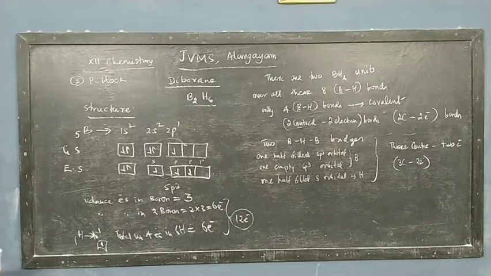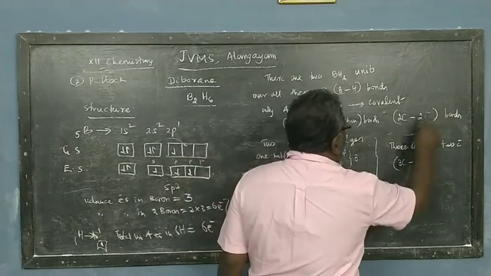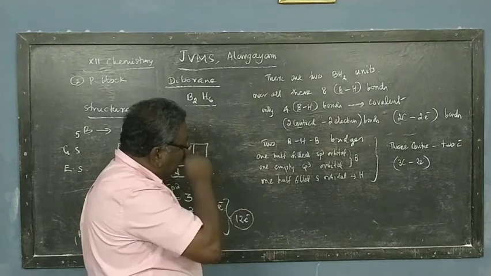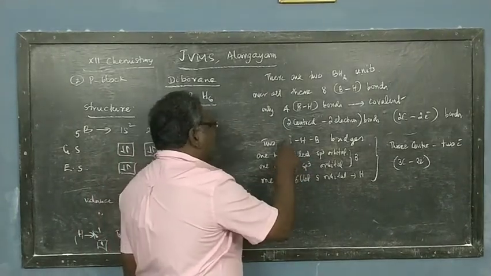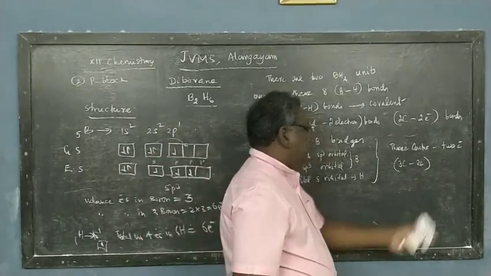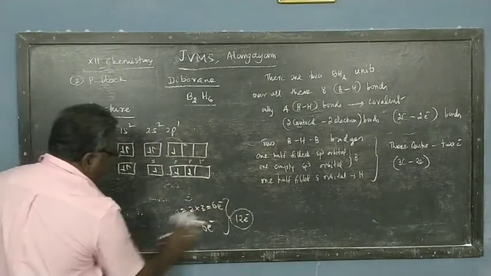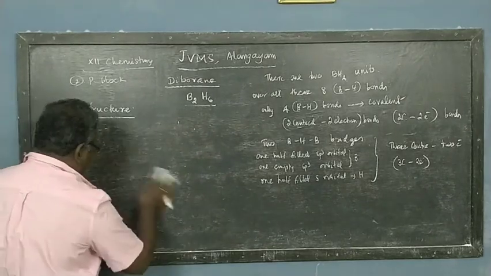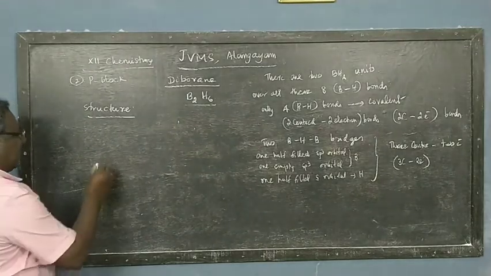Taking all these factors, there are 4 BH bonds which are 2-center 2-electron normal covalent bonds. But there are 2 bridges connecting the 2 borons through hydrogen, and these bonds are of the 3-center 2-electron type. Now, how do we put the overall structure? The structure of diborane is written like this.